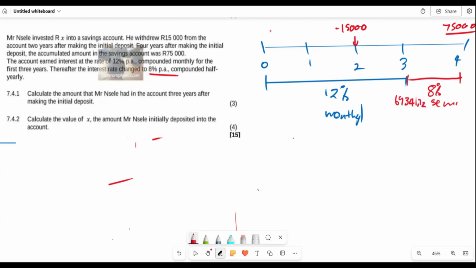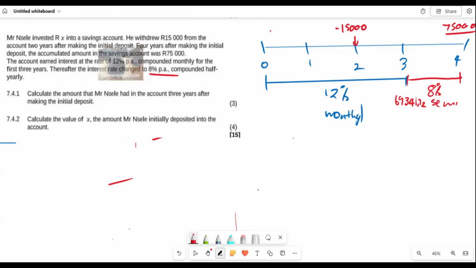Now let's see what we are going to do from here. Basically, mine is simple. There are a lot of things one can do to calculate the X amount of money, and remember we are looking for X. The easier thing to do is to firstly say this is the compounding period, right?